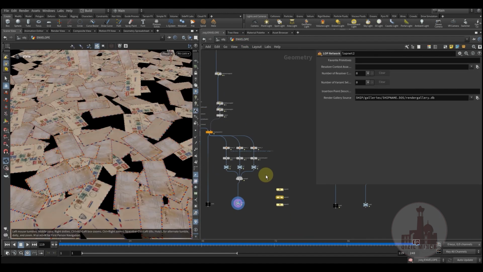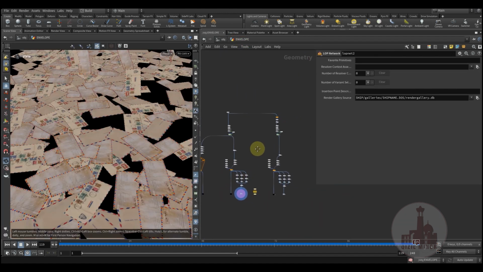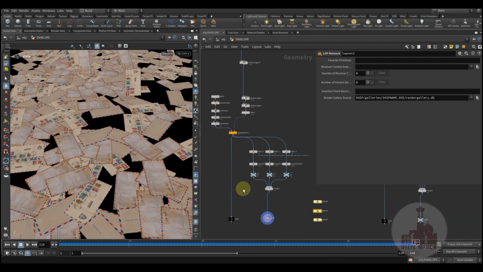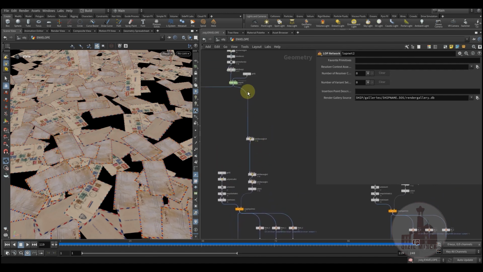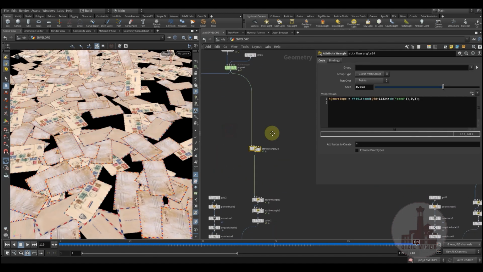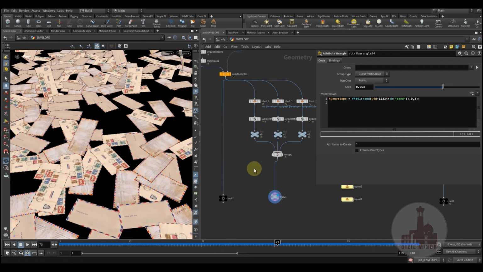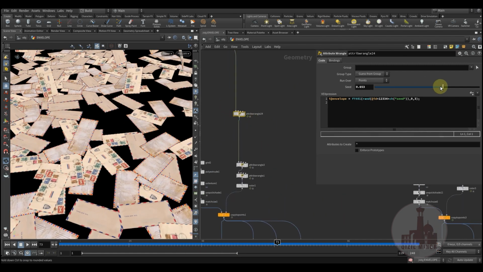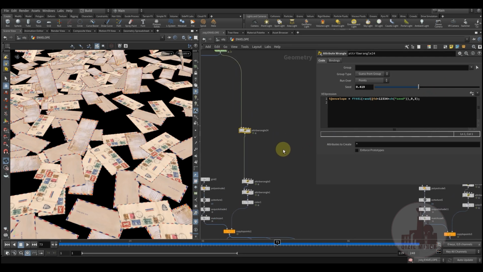So here I have a few methods that might be useful to you. The first method I would probably go with is this one. Here we have our envelopes, and I can play with the seed value.